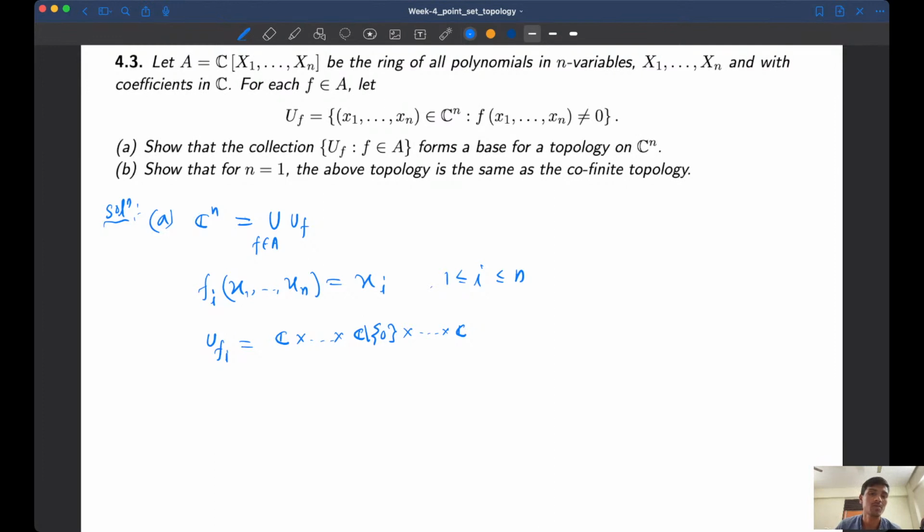Other coordinates can be anything. So this is at the ith place, and you just take the union over all these fi. Do you get this Cn?